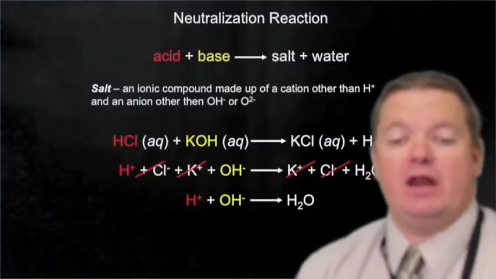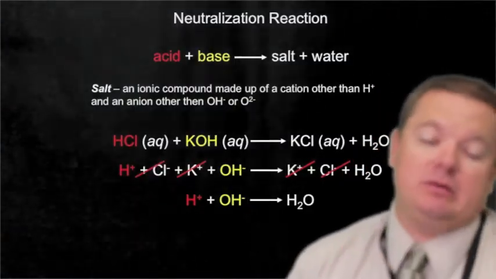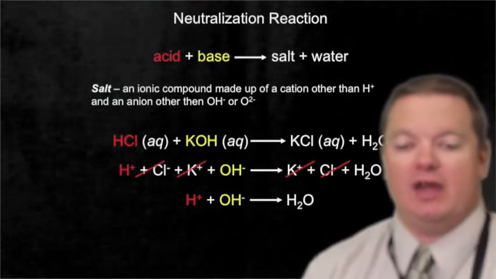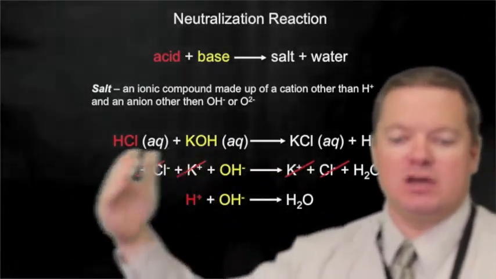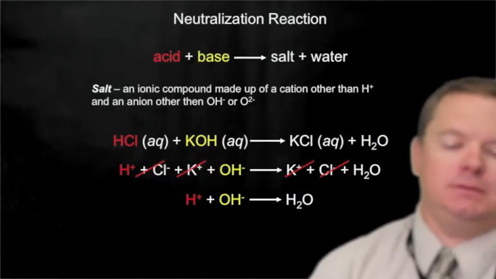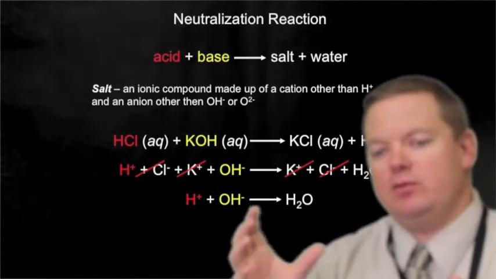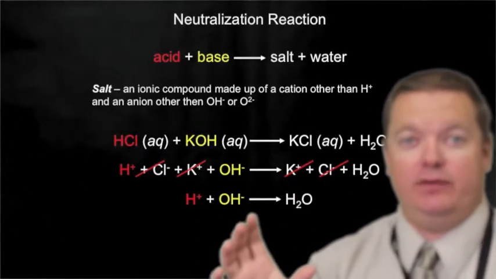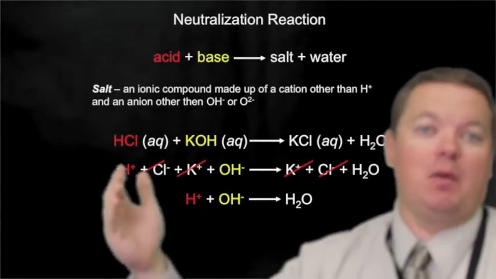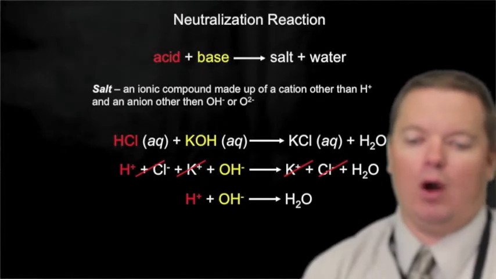When we classify something as an acid-base reaction, we can further classify that as a neutralization. We're taking an acid and reacting it with a base to form some salt and water. So in all of these neutralization or acid-base reactions, we're going to have both an acid and a base to form some ionic salt and water.